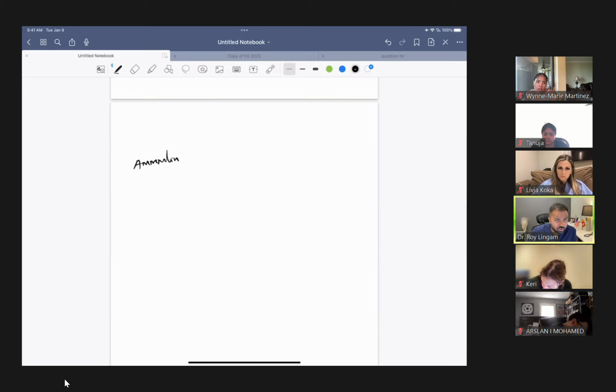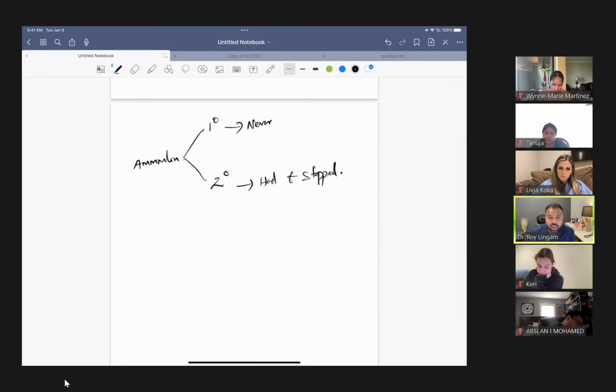Is that clear, folks? There are two types of amenorrhea, primary and secondary. Primary means this particular patient never had a menstruation. Secondary means she had and then stopped.